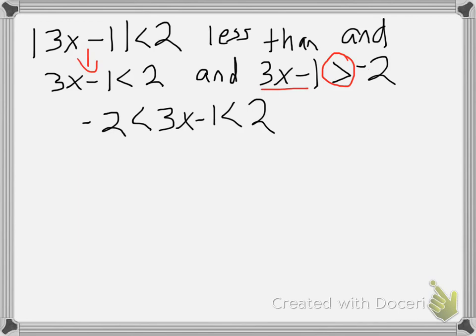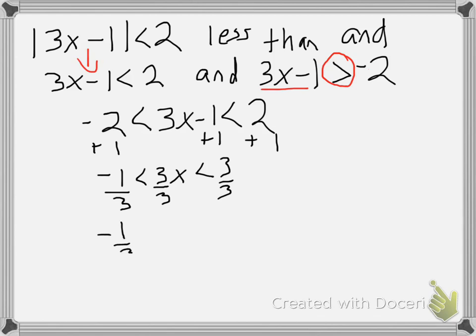What do I do? I start off by adding 1. So I get negative 1 is less than 3x, which is less than 3. Divide everything by 3. I get negative 1/3 is less than x less than 1. Okay? So what do I do next? Well, I have my line.